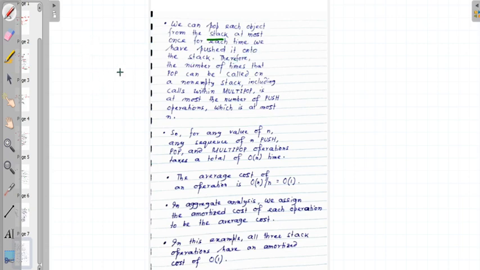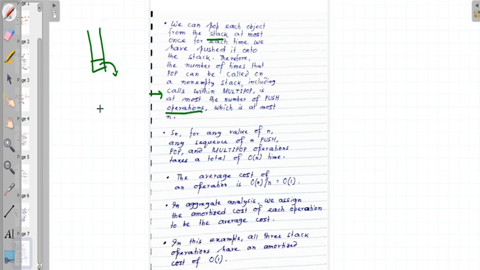So we push one object into the stack, and that object can be popped off only once. Therefore, the number of times that pop can be called on a nonempty stack, including calls within multi-pop, is at most the number of push operations.